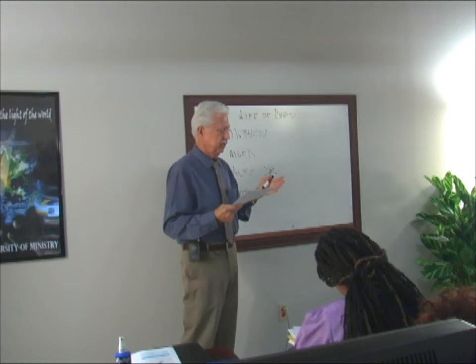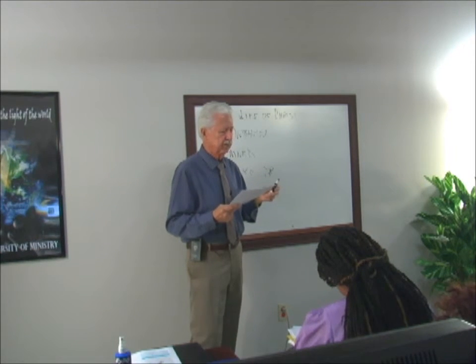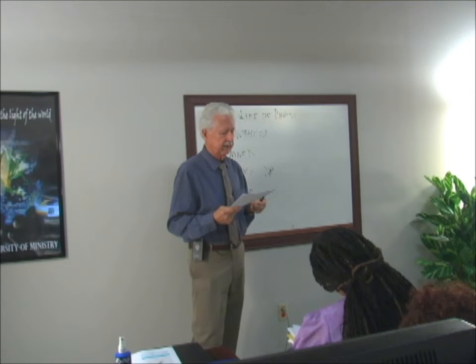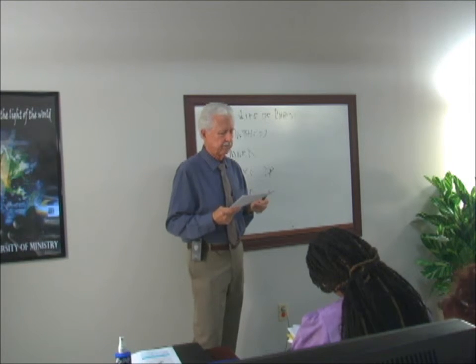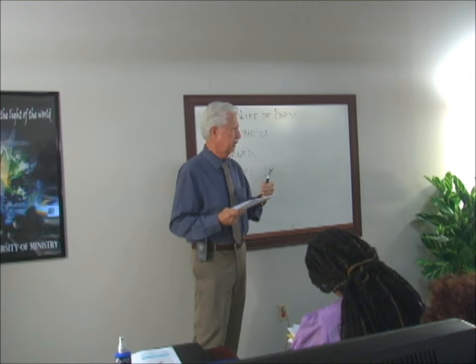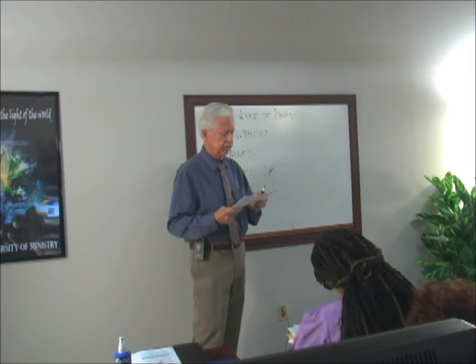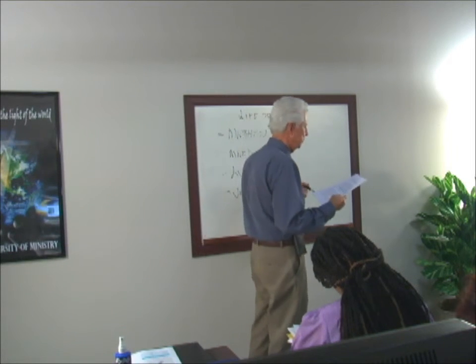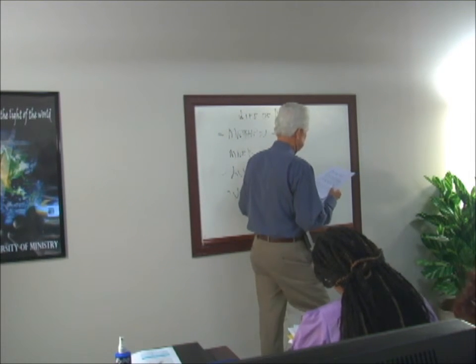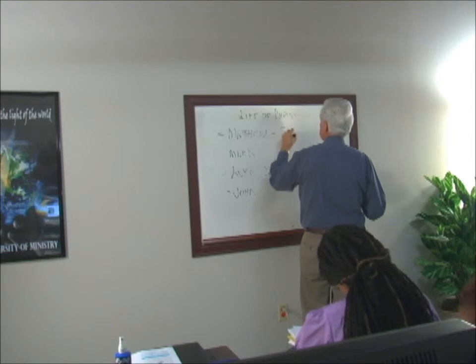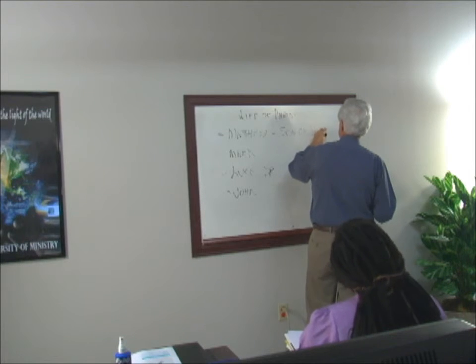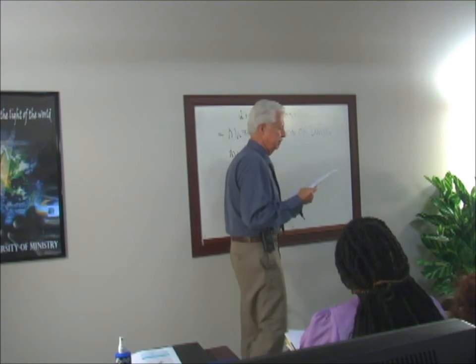Some think, and you don't need to write all this down, some think it was originally written in Hebrew because Matthew was a Hebrew Jew, and later it was translated into Greek, which was a pretty common language at that time in that area. And one of the purposes that Matthew wrote was to declare Jesus as son of David.